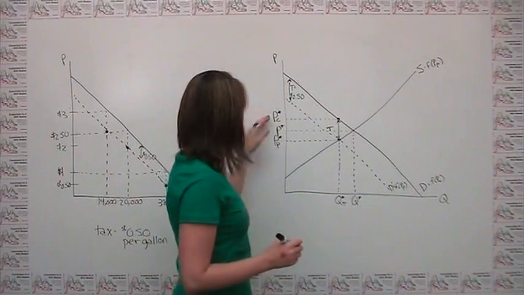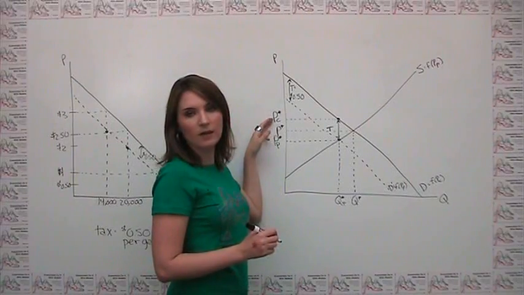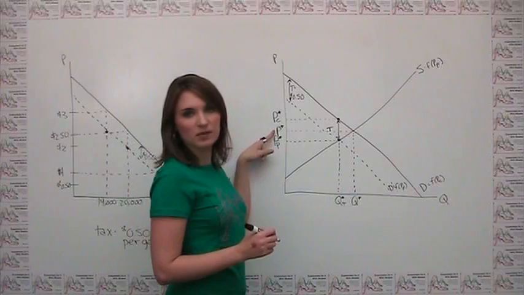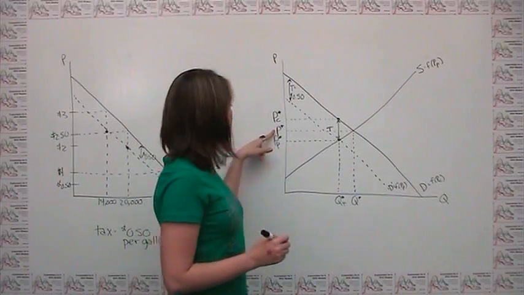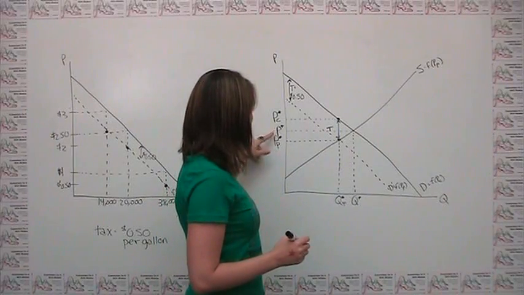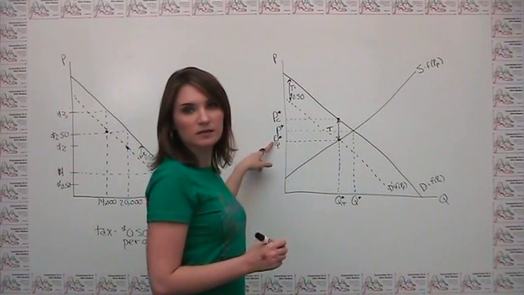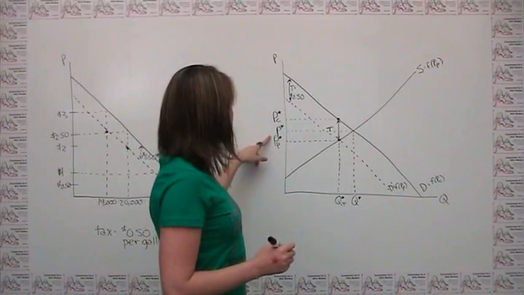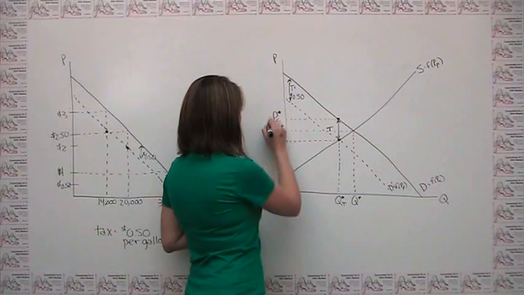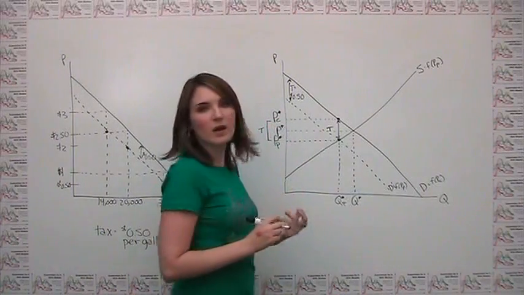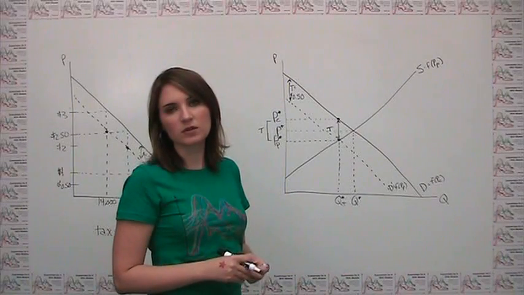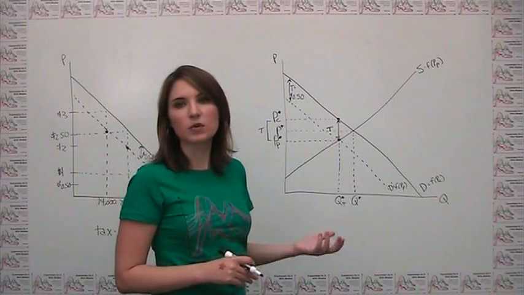So for example, the per unit tax incidence on the consumer is just P sub C star minus P star, and the per unit tax incidence on the producer is just P star minus P sub P star. You'll notice again that the distance between these two prices is the amount of the tax, and therefore the combined tax incidence for the producer and consumer is 50 cents per unit.